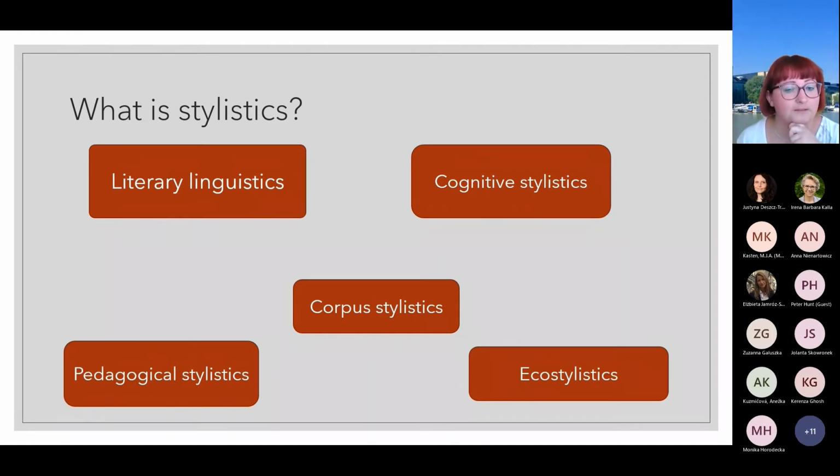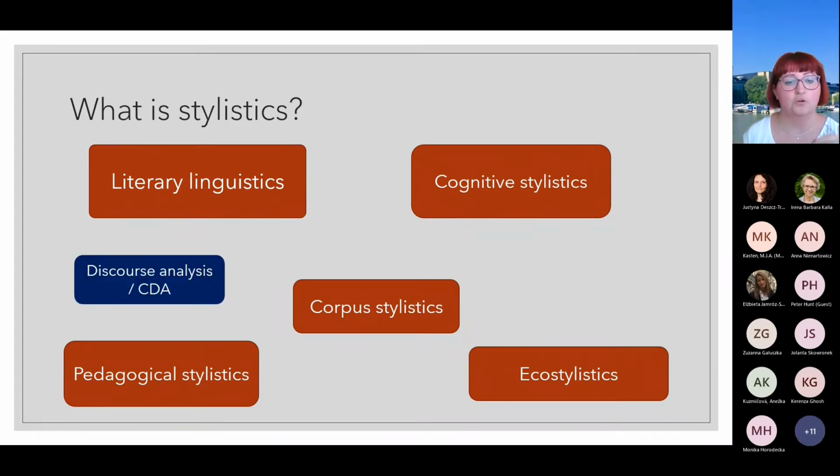Now, you might think, I analyze text and there are other things I know how to call them. So you might hear discourse analysis or CDA, which is critical discourse analysis. I'm not saying they are the same, but they are related. They are also textual analysis, textual approaches. The difference is that discourse analysis is closer to social linguistics, and the focus is on the social context.